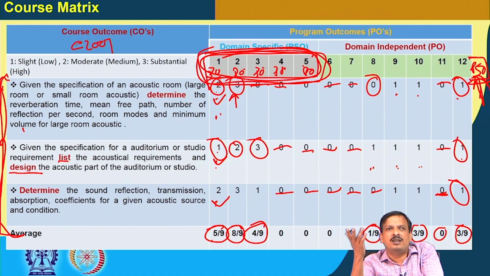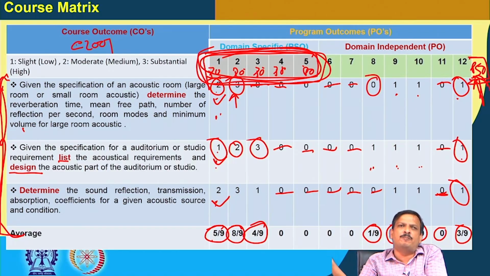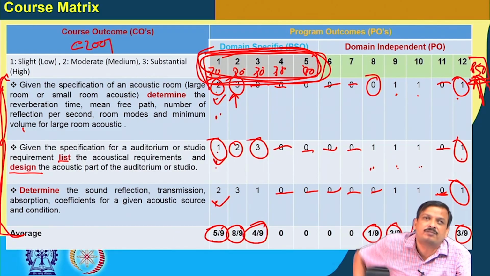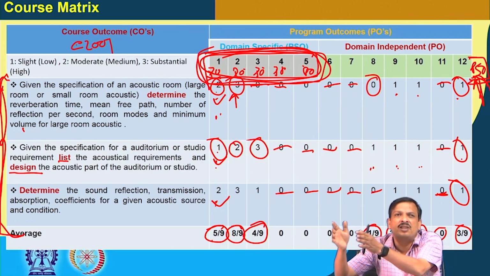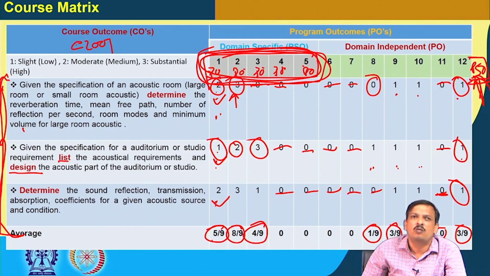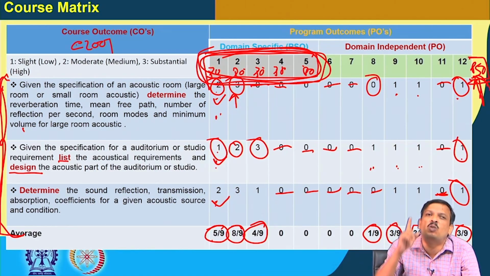Project. There must be a domain dependent PO ability and also domain independent PO ability. In a project, mostly we want to test their individual and teamwork. Let us give a project to 3 students in a group, a small group. Watch how they work as a team, how they work as an individual.